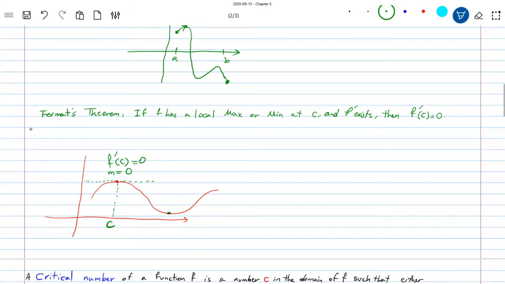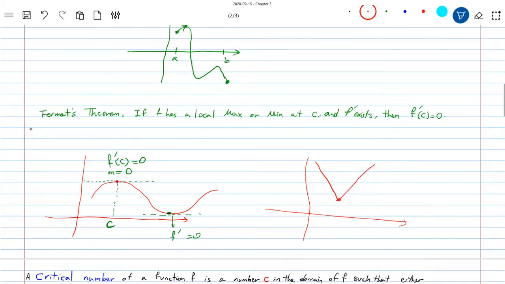If you look at the local minimum, similar thing. The derivative at that point, f prime, must be 0. That means if the derivative exists, it must be 0. But sometimes the derivative does not exist at the local minimum, something like if you have an absolute value function. The derivative at the corners, if you remember, doesn't exist.